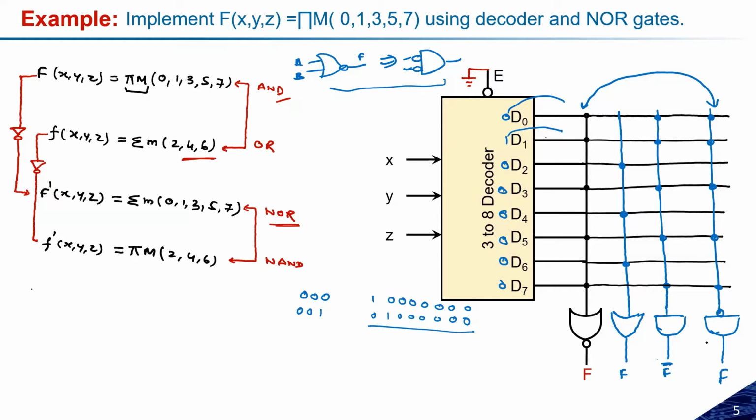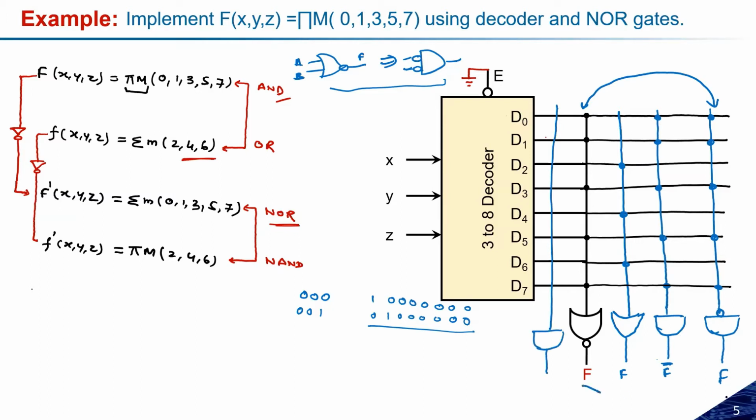So if you see here in this case, let me make one more circuit here so that you will know how we have done it. Let us assume one more column here. I have one AND gate only.